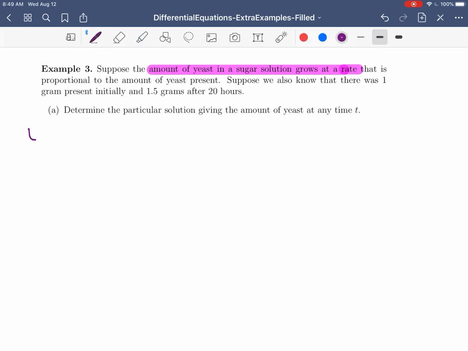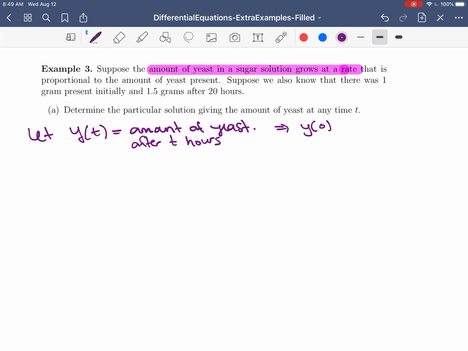So let's let y(t) equal the amount of yeast in the solution after t hours. Okay, so then we know there's 1 gram initially, so that means y(0) is 1. And after 20 hours, we're at 1.5.